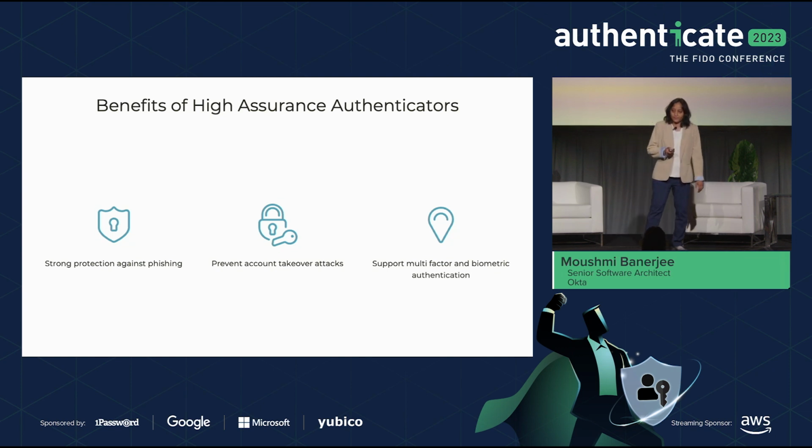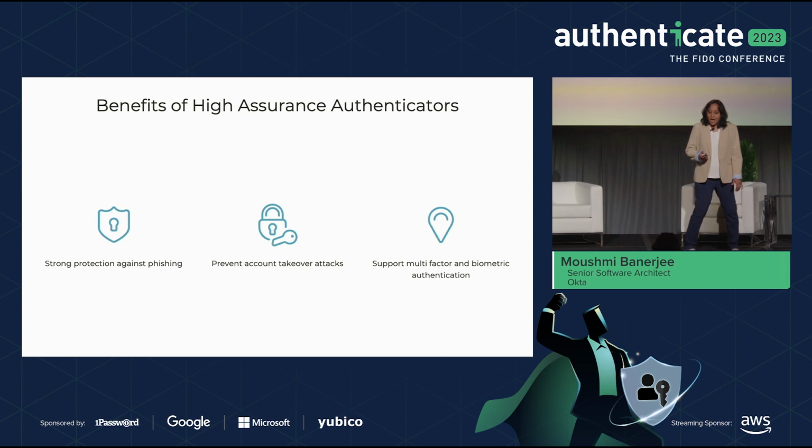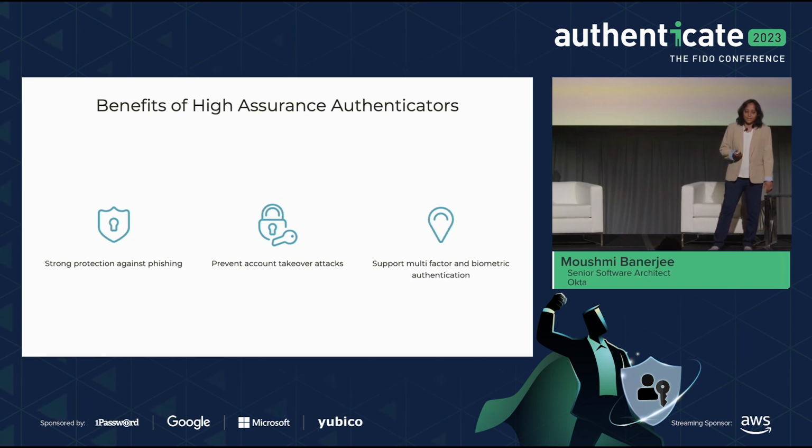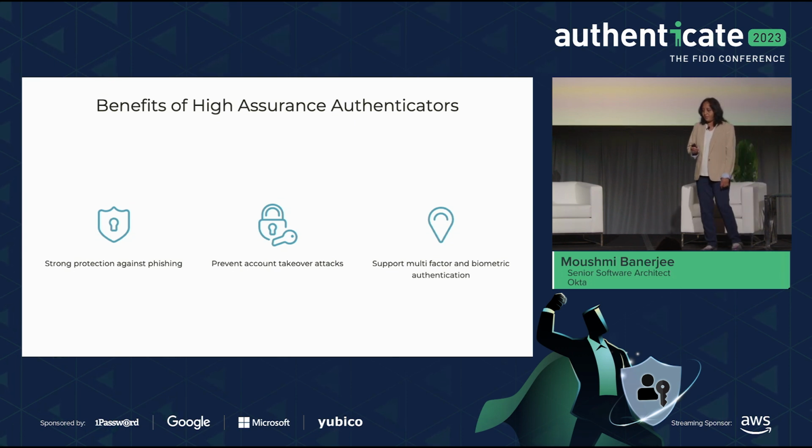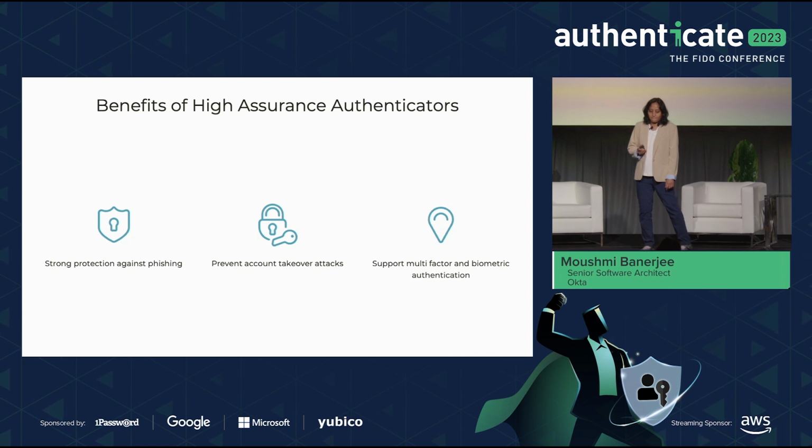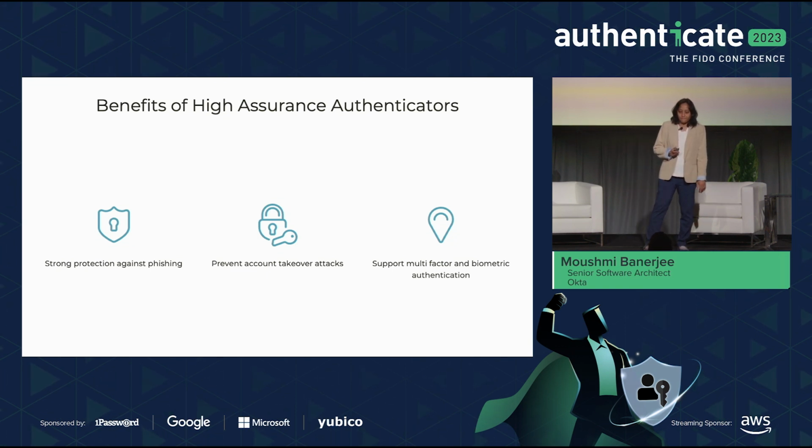What are some of the benefits of it? High assurance authentication provides critical layer of protection against account takeovers, phishing, and other threats to user accounts and data. That's the reason why you'd want to focus on high assurance authenticators as opposed to the low assurance authenticators.